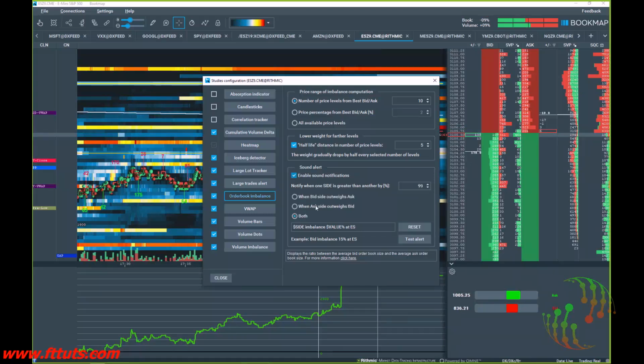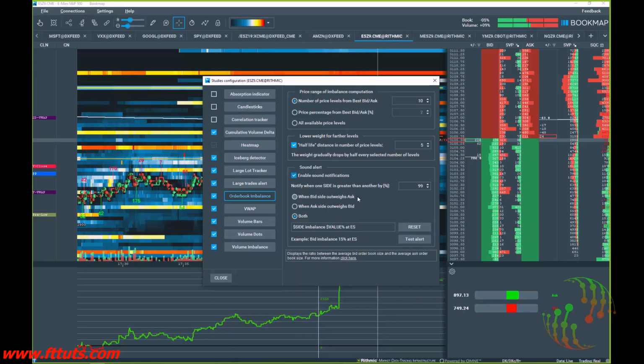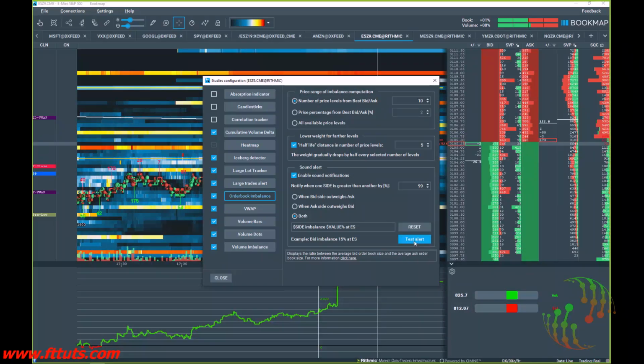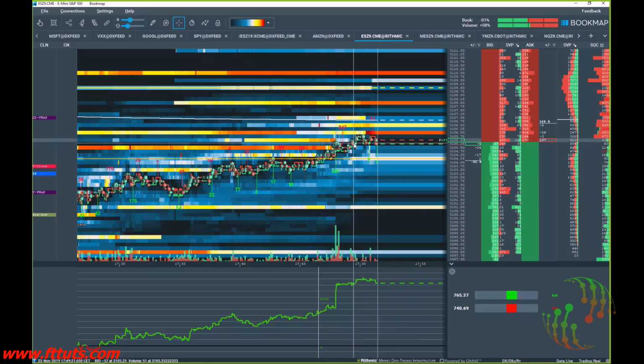And I can also enable the sound. When the imbalance is bigger than 99% on either the ask or bid side, for example a bid imbalance of 15%, then I get an alert that helps me to see: okay guys, something is wrong here.